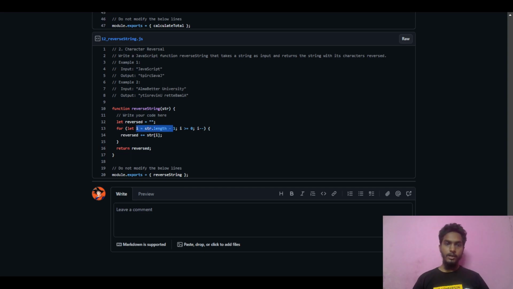It's starting from the rightmost item of the string, then decrementing by one, so it will go from right to left, and we are checking if it is greater than or equal to 0. If it's less than 0, then the for loop will terminate. Then we are just attaching the rightmost character of the string to the reversed variable. Then we are returning the reversed variable.